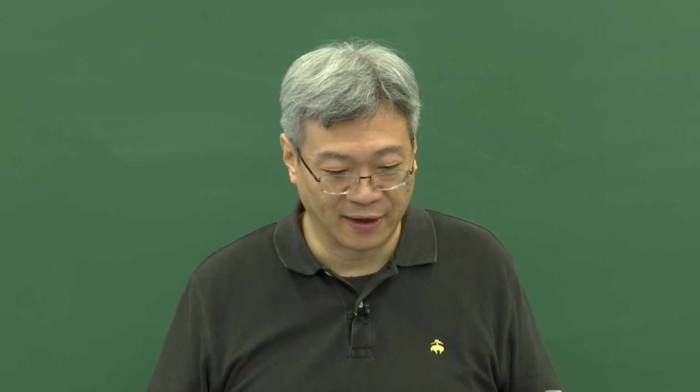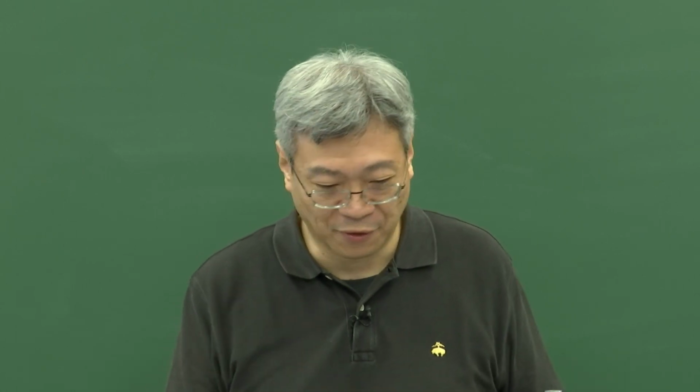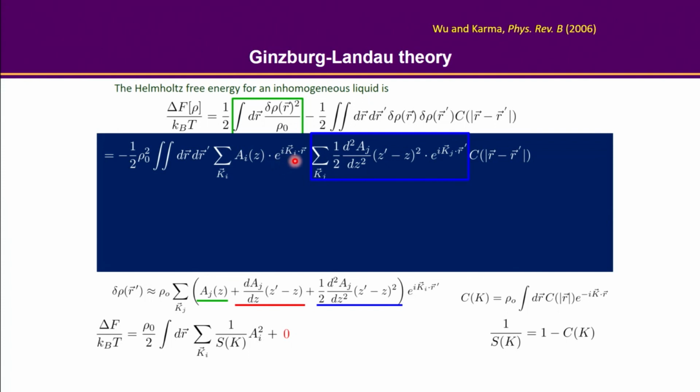Right, so let's look at the next term. We are doing something similar, plugging everything back. I have this negative 1/2 here, and the rho naught squared coming from this delta rho squared. The double sum is also here. The first delta rho is simply the summation over k of a_k exponential i k_i dot r.